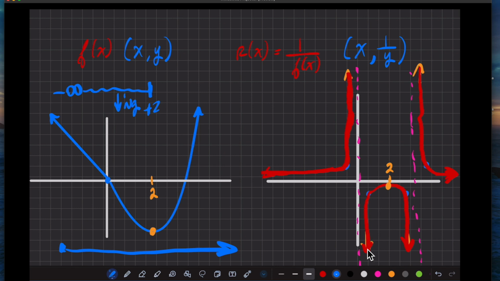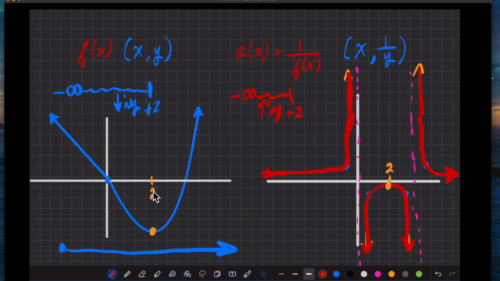We're heading towards the right. Our x value will always go left to right. What are our y values? They are increasing. So here on the reciprocal graph from negative infinity all the way up to positive 2, the graph is increasing, the exact opposite of what we saw on the original graph.